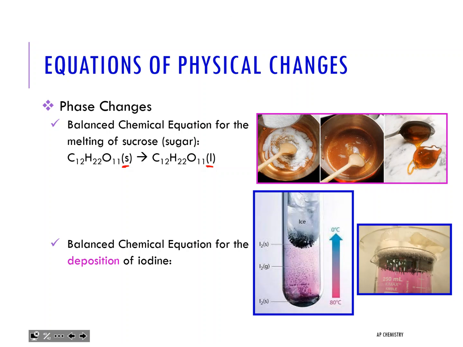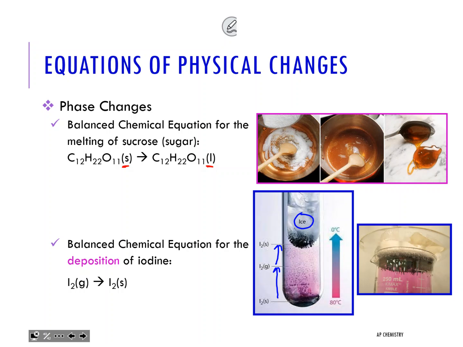And the other example I gave you here is like the deposition of iodine. Deposition goes from gas to solid. Put the picture up here to show you iodine is this purpley pink gas. And actually in this first diagram, it's showing you it's subliming first, going to gas. Then it's depositing on here because there's ice in the test tube, so it's cooling it down. And it forms these like shiny silver crystals.